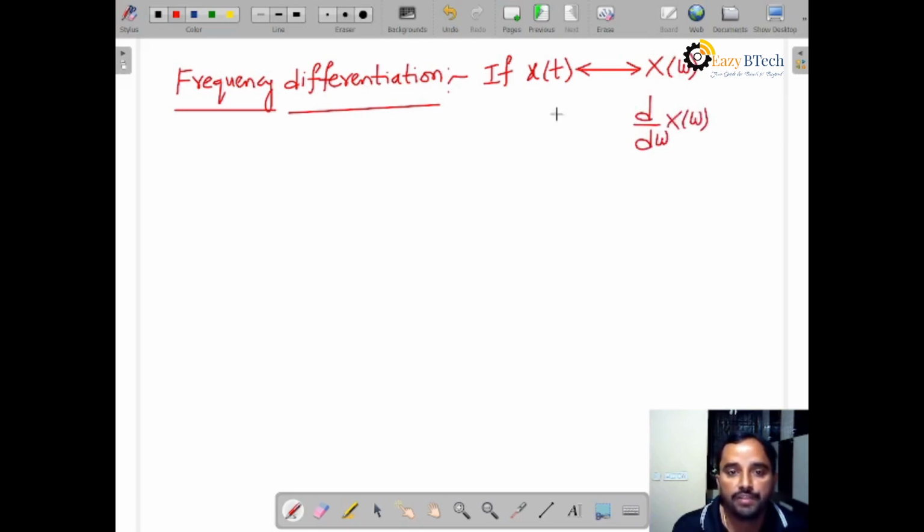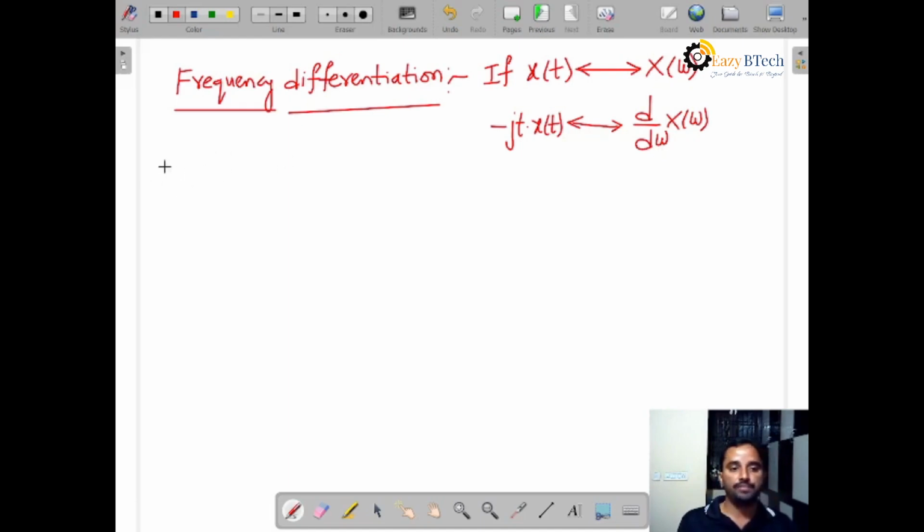This is the frequency differentiation. So what happens? d by d omega of X of omega is equal to minus jt x of t. So x of t is multiplied by minus jt if you do frequency differentiation.